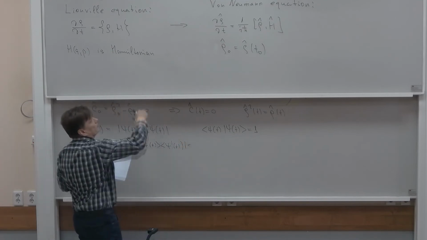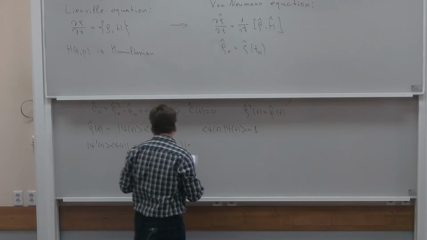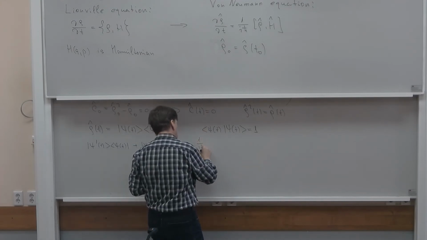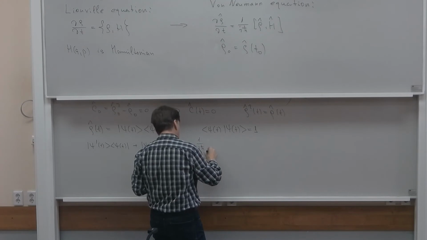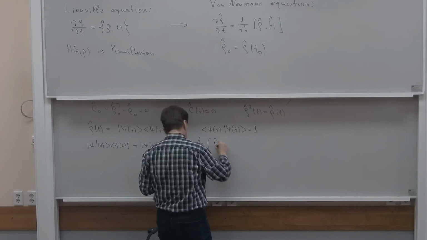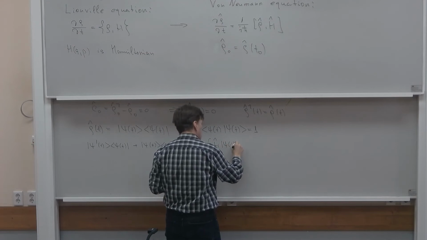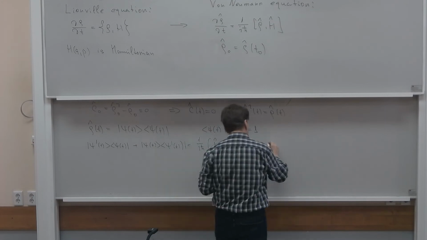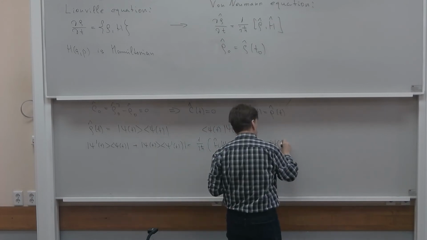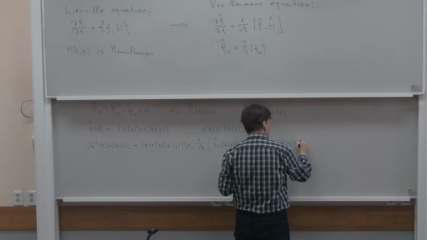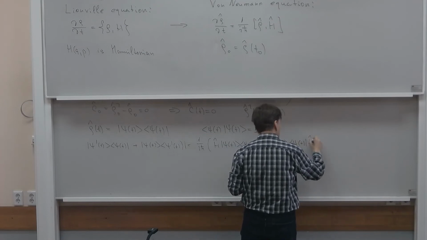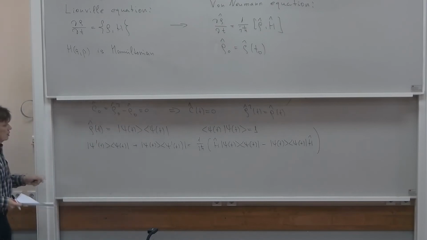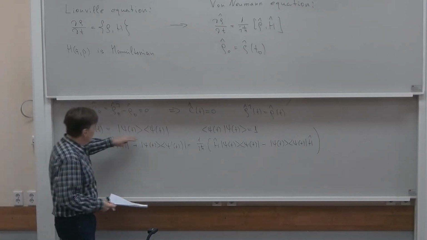on the left. And on the right we get 1 over i h bar, H ket psi bra psi minus ket psi bra psi times H. This is the von Neumann equation for the projector.